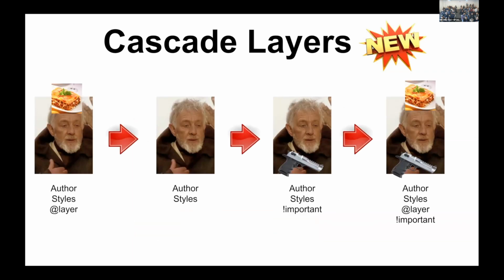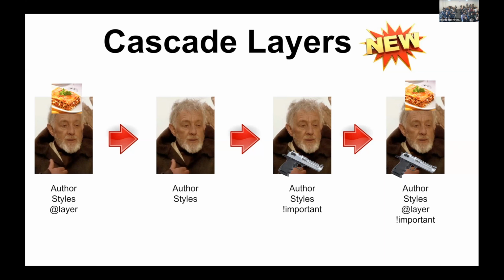It actually starts off with our layered styles. So you can have as many layers as you want, and all of your layers are applied first, and then all the styles outside your layers, and then your important styles outside layers, and then the important layer styles. So it's always sort of like a sandwich where it goes in normal order and then back out in reverse.